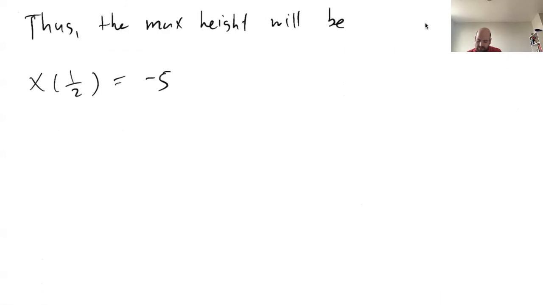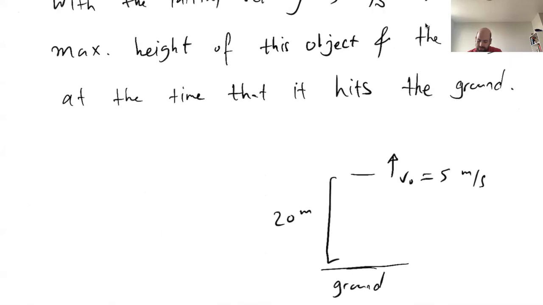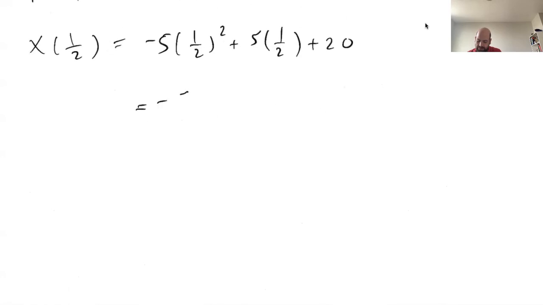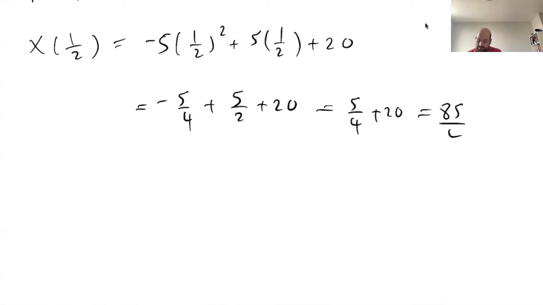This will be minus 5 times 1/2 squared plus 5 times 1/2 plus 20. And then this will be how much? Minus 5 over 4 plus 5 over 2 plus 20. So this is 10 over 4 minus 5 over 4, which is 5 over 4, plus 20. And this is 85 over 4 meters. So this is the maximum height.